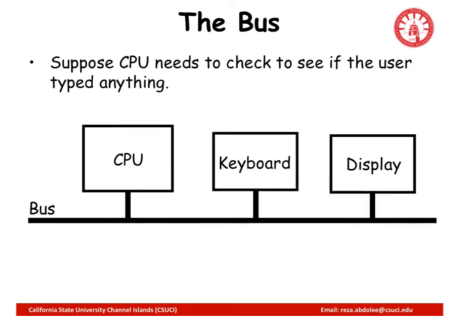Let's take a look at a simple example and see what is happening in the bus when two different devices or components in a computer system would like to communicate with each other. Assume here that the CPU wants to know if a user typed anything on the keyboard.